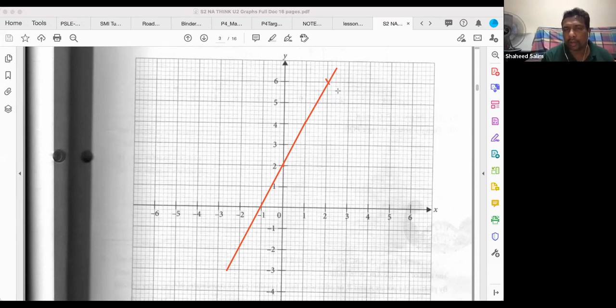I want you to write the coordinates down here. Imagine coordinate A and coordinate, let's say, B. Can you write down what's the coordinate A and coordinate B? And then I'll show you what you mean.